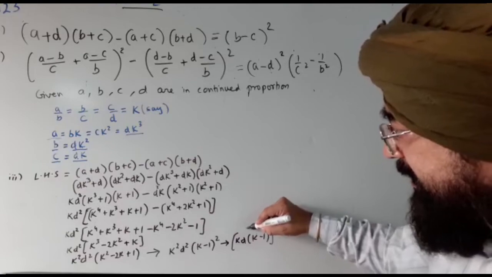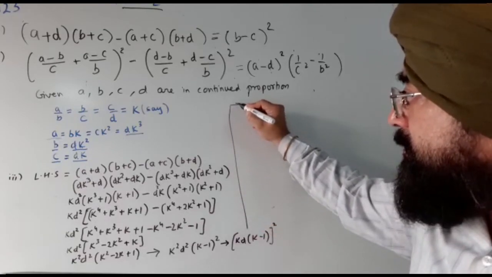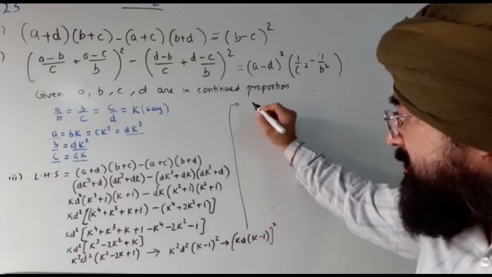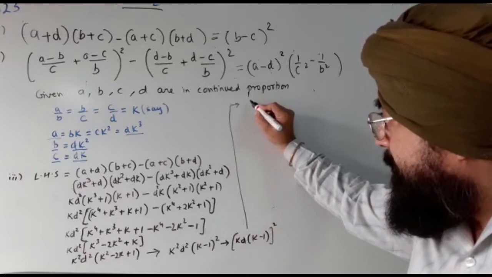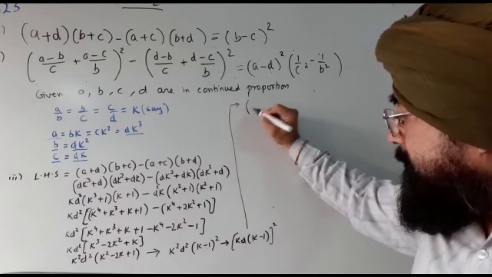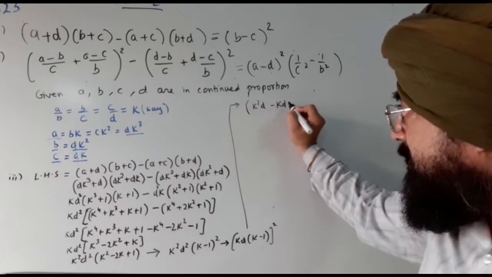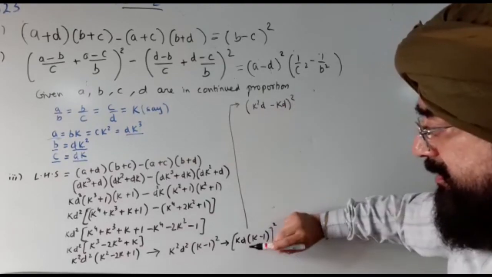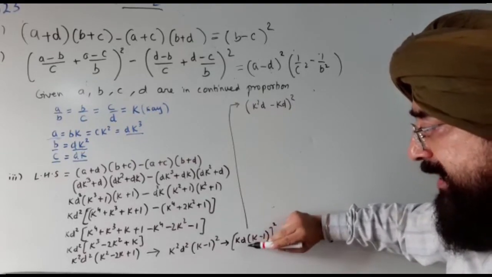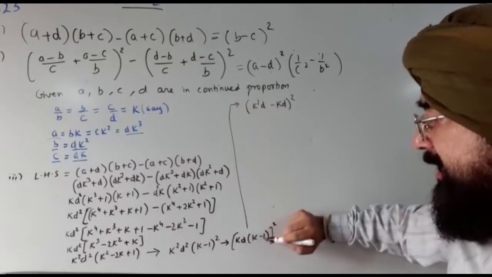But now if I take you here, what do I get? It becomes actually K square D minus KD. KD into K minus 1, I open it: K square D and minus KD.